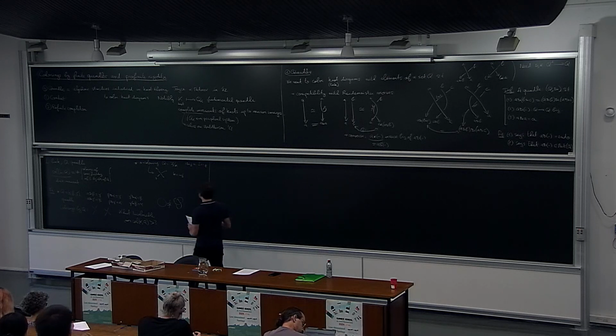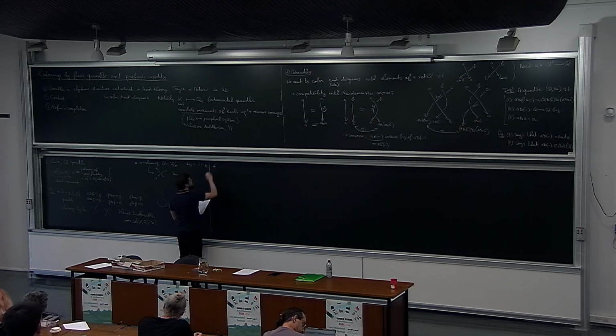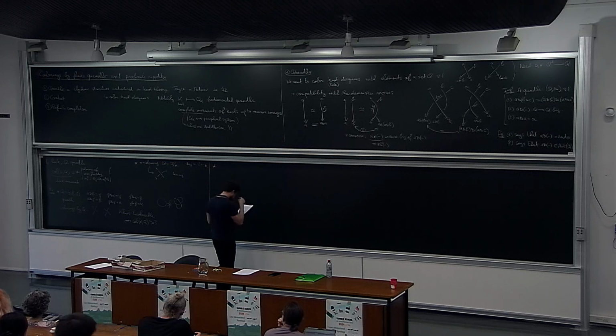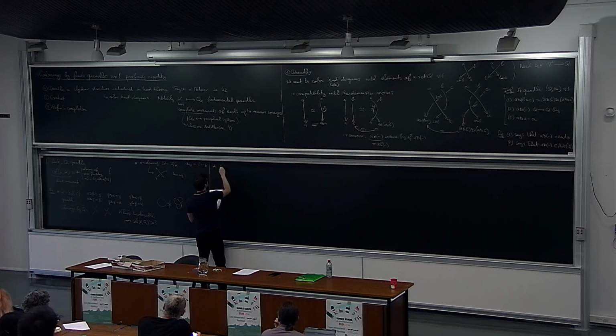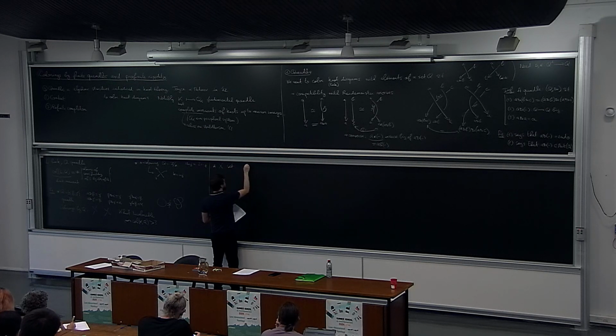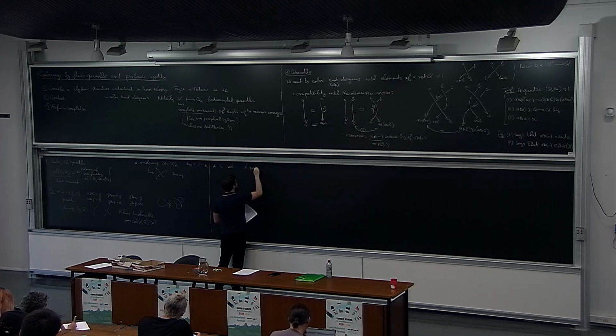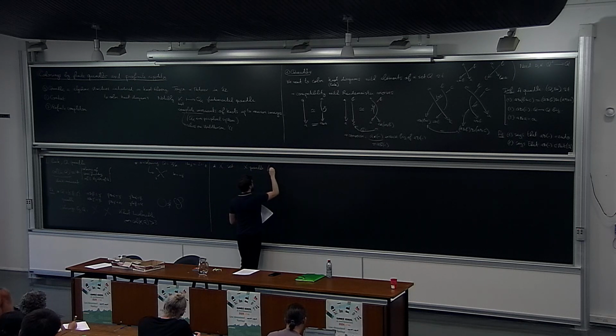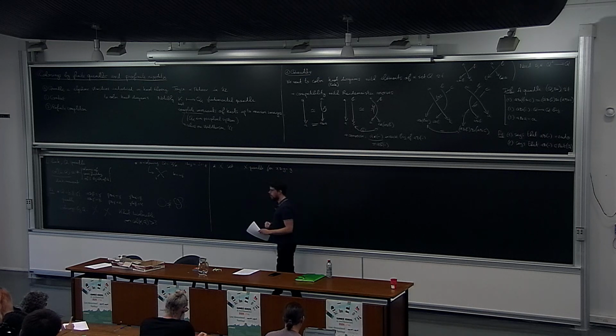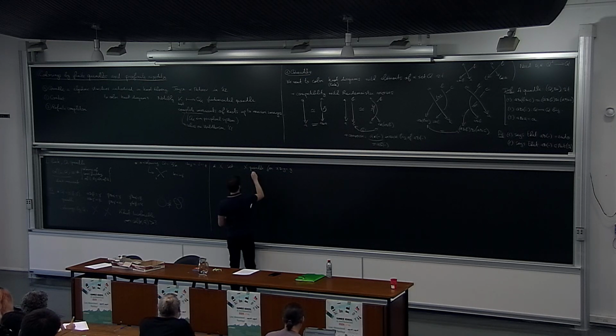So let me give you some examples that are a bit different from the first two. If X is a set, then X is actually a quandle for the law with every element acting trivially on all the others. And this is called a trivial quandle.